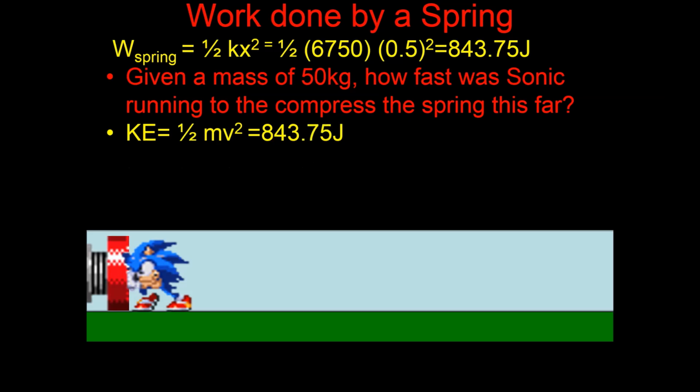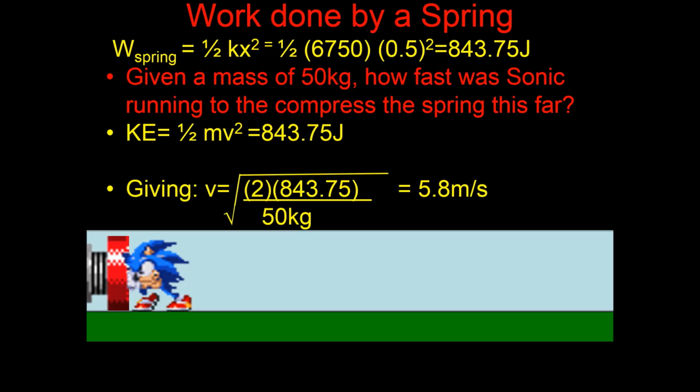So, if this is our kinetic energy, all we have to do is rearrange and say that v is the root of 2 times 843.75, essentially our kinetic energy, over the mass, which will give us 5.8 meters per second. Not particularly fast, but here we're dealing with a hedgehog. So, this is a thing you can do in terms of making equivalencies between energies and the work done to a system.